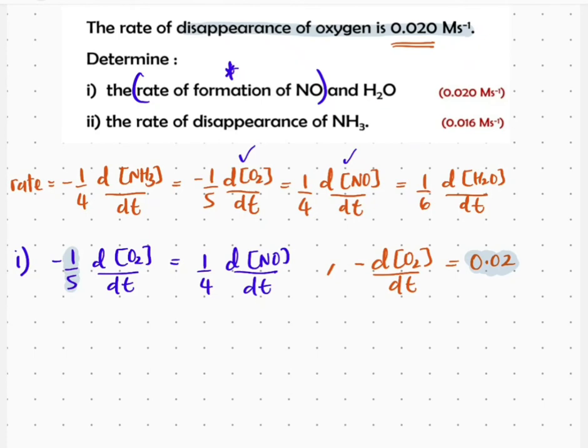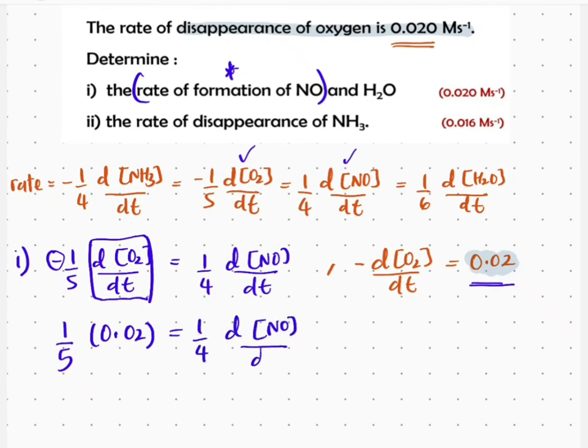Jadi sekarang apa yang tinggal adalah kita akan substitute the value. So we know that negative dO2 over dt is equals to 0.02. So kita boleh masukkan ke dalam equation 1/5 times 0.02 equals to 1/4 dNO over dt.